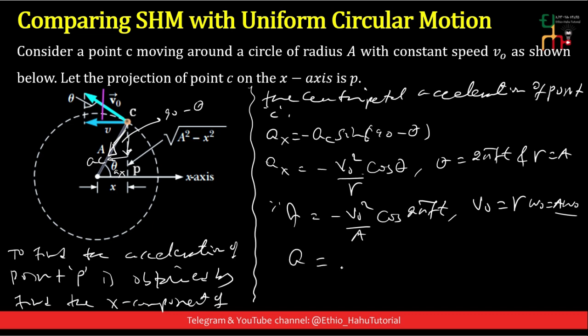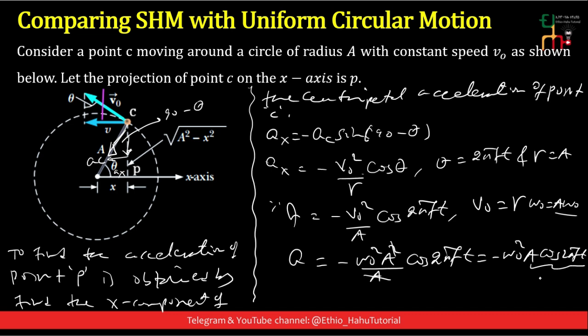The acceleration is equal to minus omega naught square a square over a times cosine of 2 pi ft. One a goes with one a, and this is equal to minus omega naught square a times cosine of 2 pi ft. But a times cosine of 2 pi ft is x. Therefore, acceleration is equal to minus omega square times x. This is our third equation.